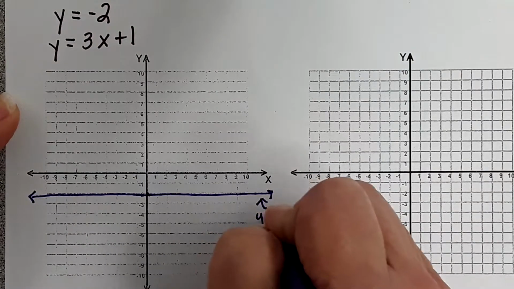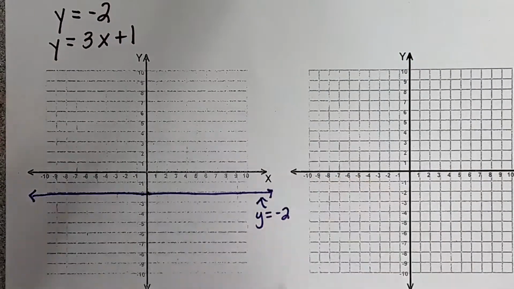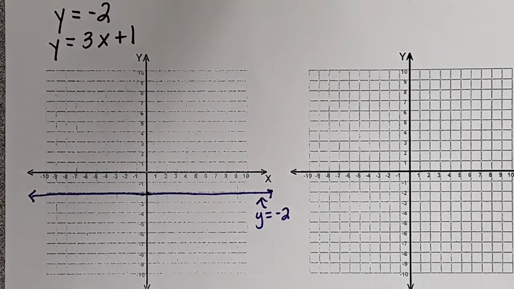I'm going to say that line is y equals -2. Sometimes it helps using two different colors so you know which line is which.